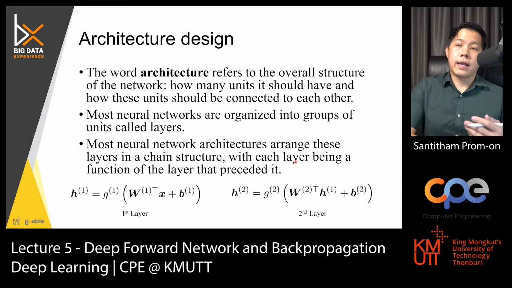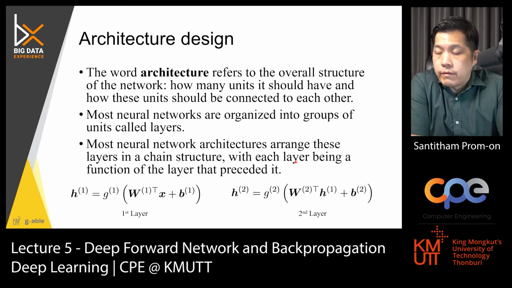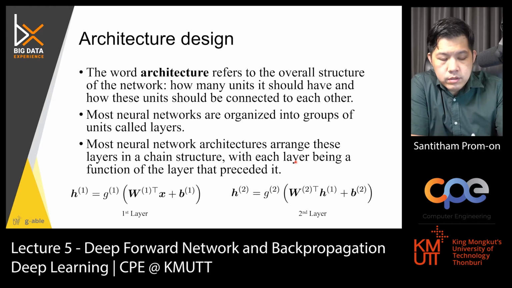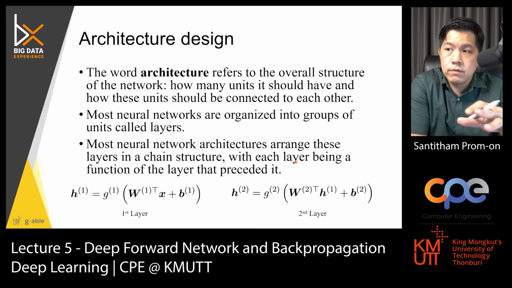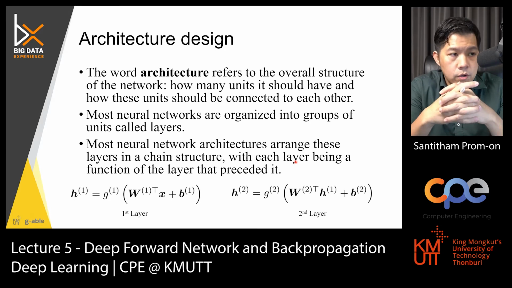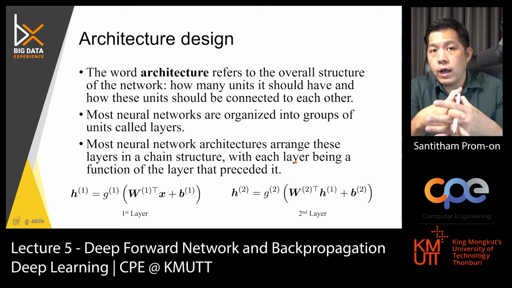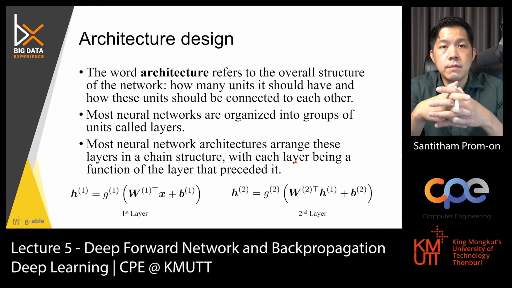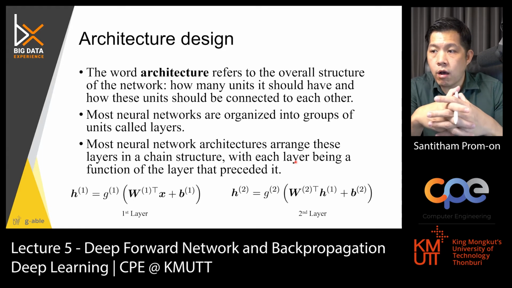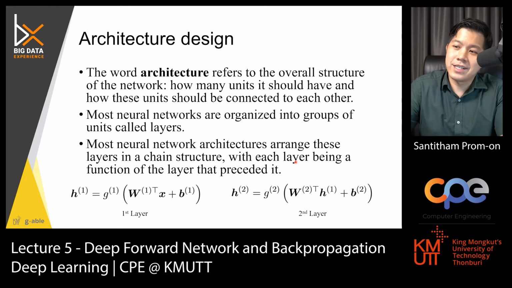Now let's look at the architecture of the network. When we talk about the output, the activation function, the hidden layer, now the overall architecture. Neural networks can be organized into different types of architecture. The one that we are talking about today is the basic architecture called the feedforward architecture, just like down here.